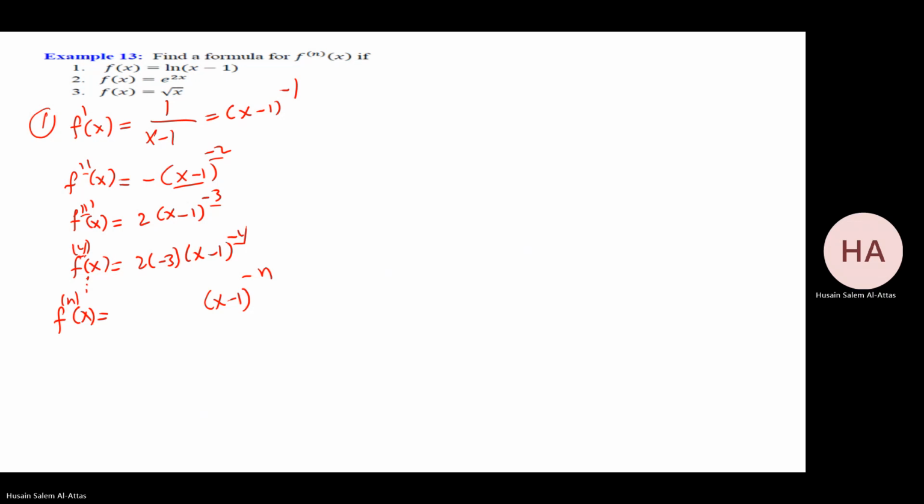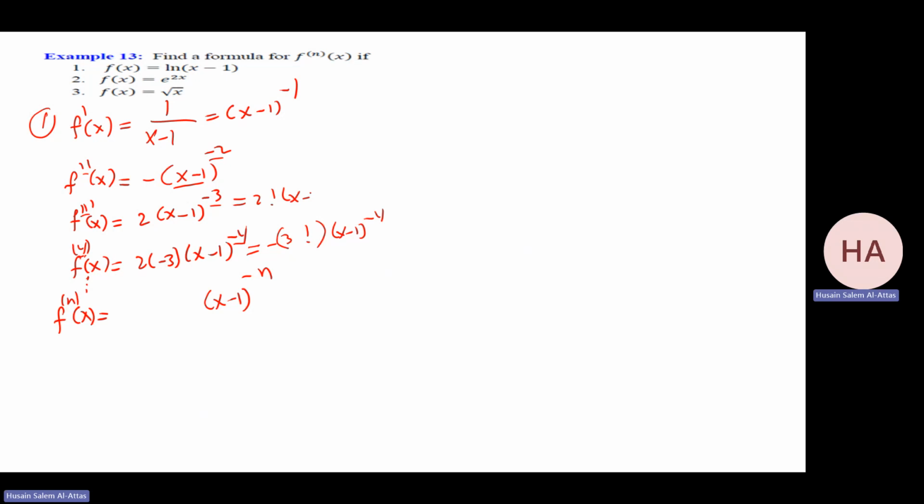And then the factorials: here we have 3 factorial, (x minus 1) to the power minus 4. Here we have 2 factorial, (x minus 1) to the power minus 3. They have n minus 1 factorial. In the third, they have 2 factorial, fourth, they have 3 factorial, and so on.